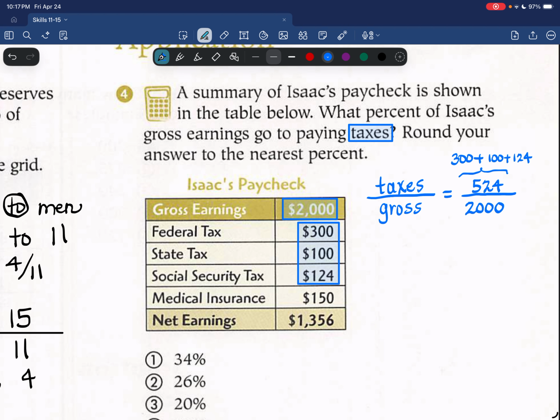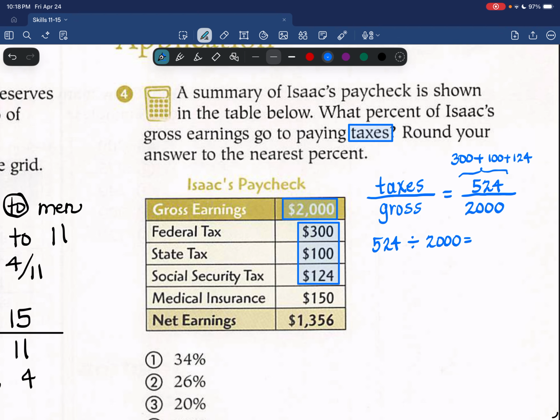Then once you get it into that fraction form, you need to turn it into a decimal. So 524 divided by 2,000.